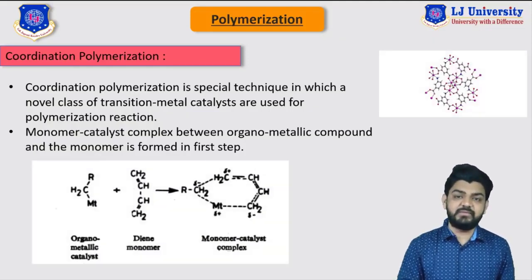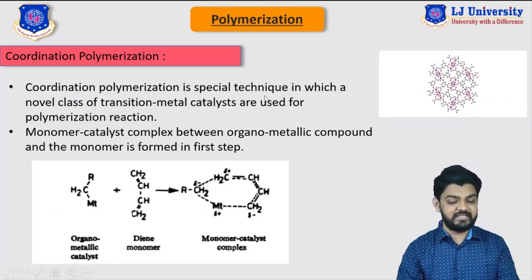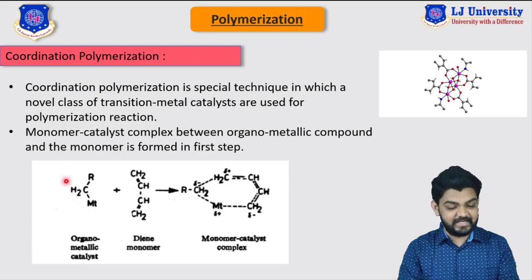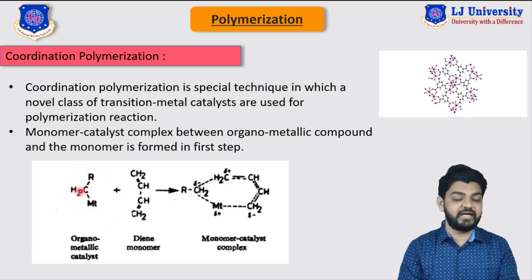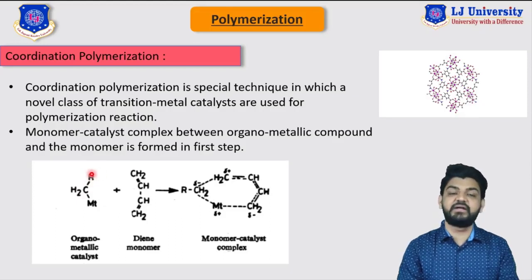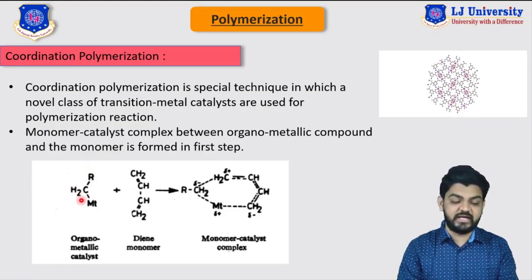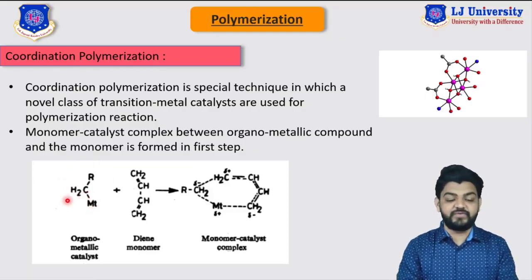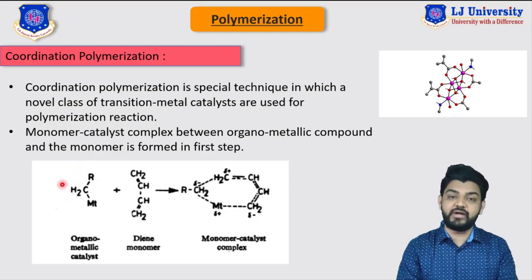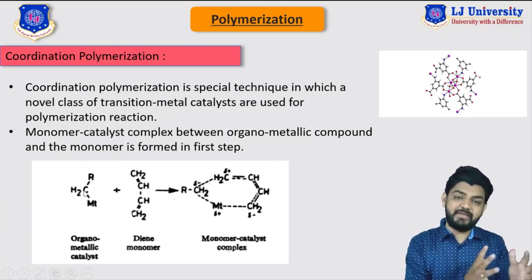In this image you can see the organometallic catalyst. It has CH2 attached to R, which is nothing but the hydrocarbon chain, and this chain is attached to some metal, represented by Mt. So this particular component is our organometallic compound.